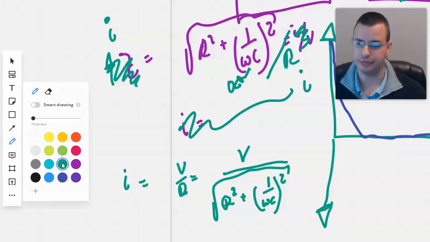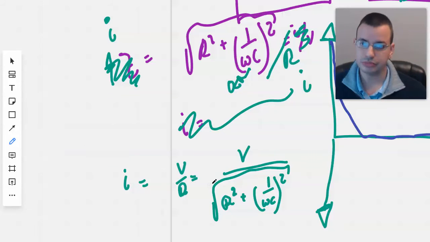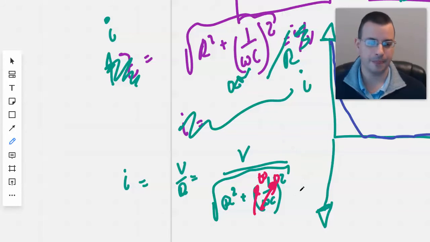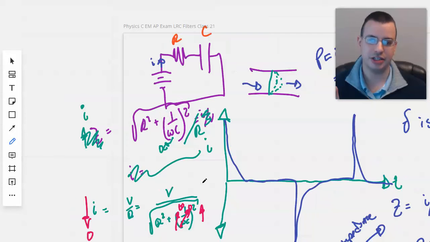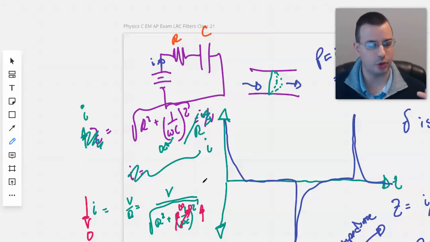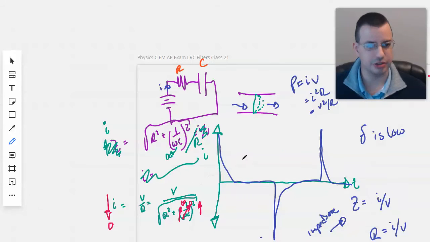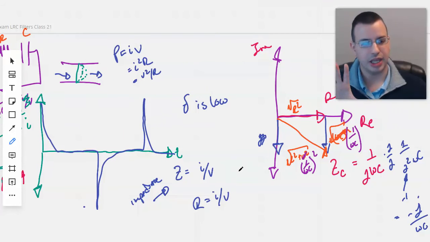That's better. So what happens then is omega goes to 0, which means that 1 over 0 goes to infinity. Square root of infinity is still infinity, which means that the denominator goes way up, which means that the current will go way down.